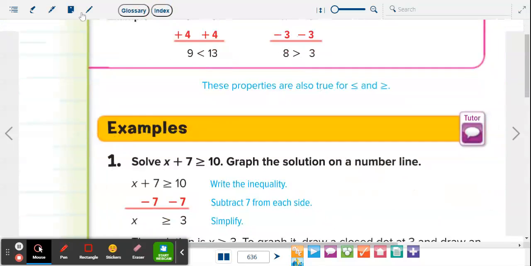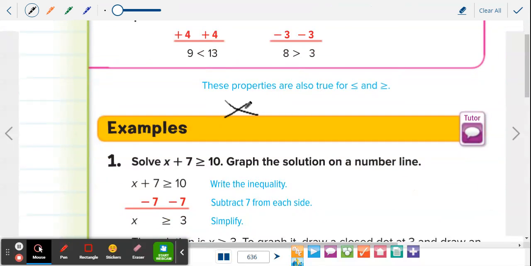All right, so now we have x plus 7 is greater than or equal to 10. So rather than have an equal sign, the only difference now is this inequality symbol. That's it. So we want to get x by itself. We have to get rid of this 7. So what do we have to do?